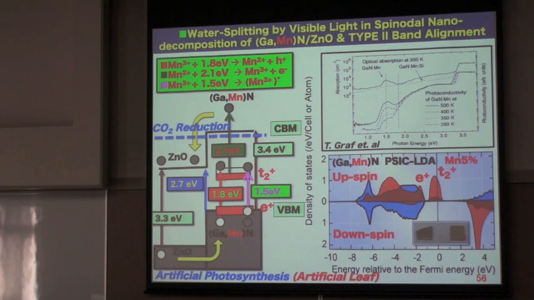But they use only ultraviolet; they cannot use the visible light. Now I checked all of the elements, and manganese doped gallium nitride is the best candidate for artificial photosynthesis in the near future.